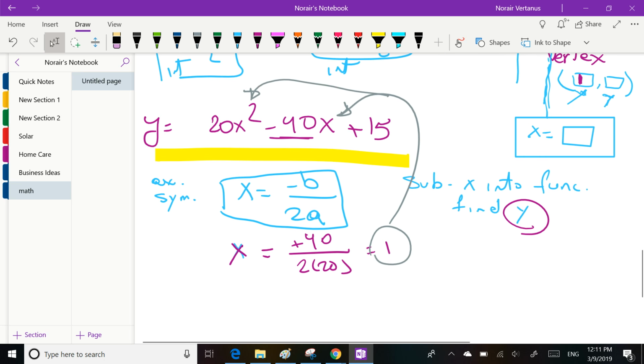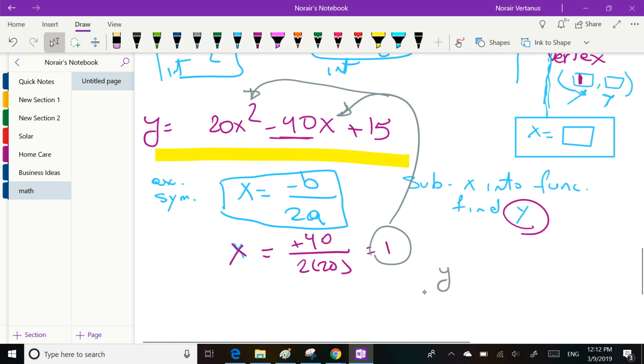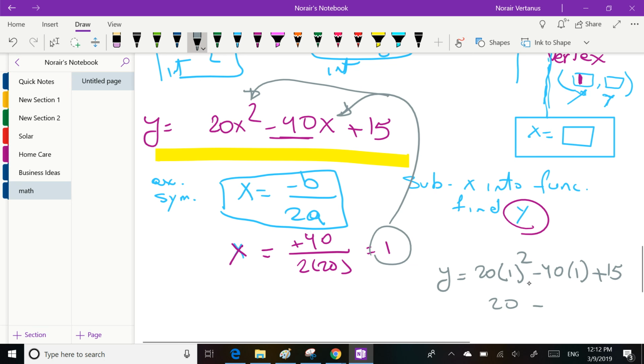So what are you going to get? You're going to get y equal to 20 times 1 to the second power minus 40 times 1 plus 15. So what is that? 1 squared is 1, times 20 is 20, minus 40 plus 15. If you add them, you get what? 20 and 15 is 35, minus 40.